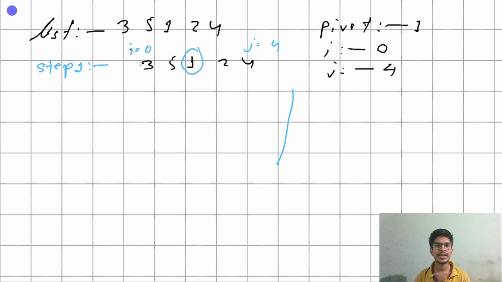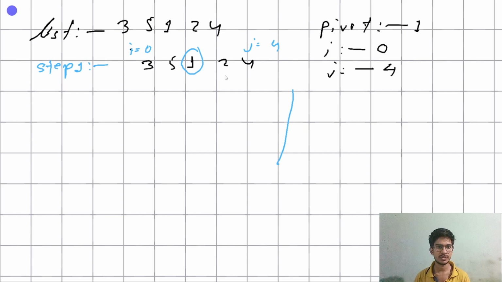And on the right hand side of the pivot, with j equal to 4, it will check if there is some element which is less than the pivot. If j is at 4, this element is greater than the pivot, so we don't need it. We will decrement j until we find an element which is less than the pivot.